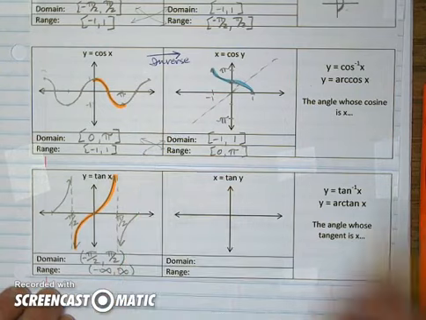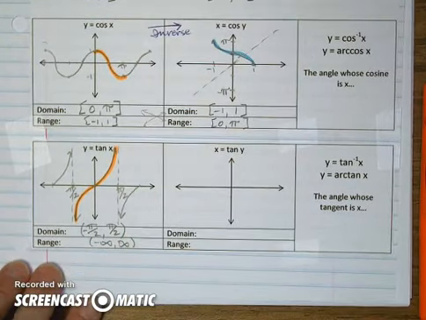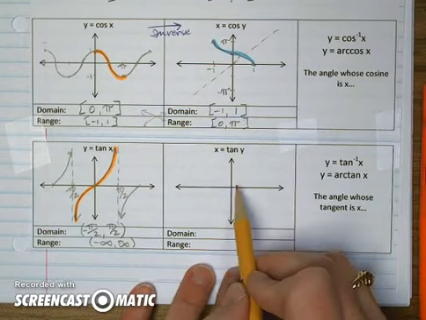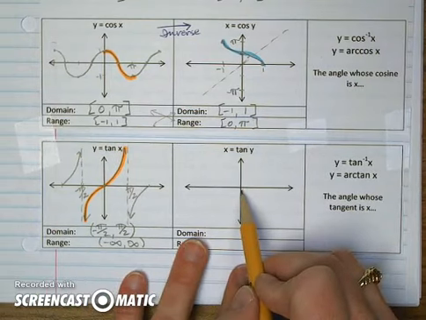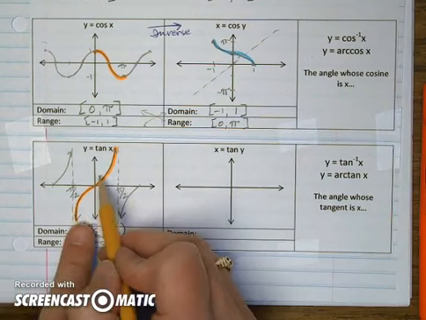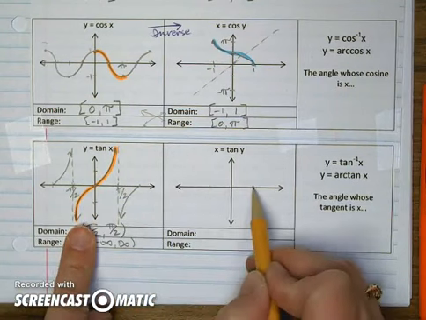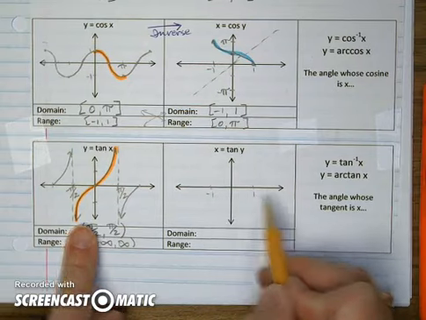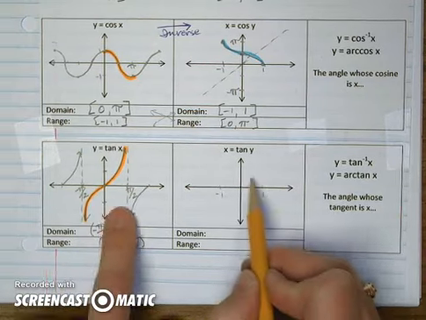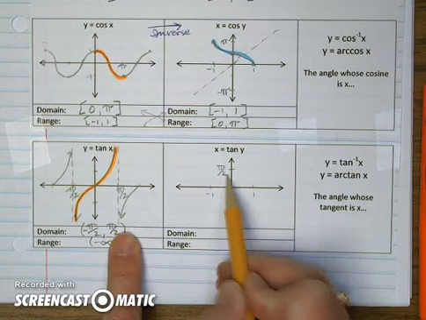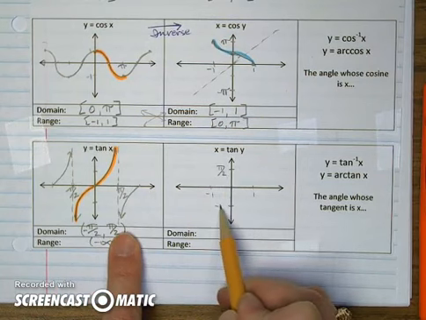Let's look at the inverse tangent graph. The inverse tangent graph is going to have asymptotes. This would be at 1, that would be at -1, so I'm going to still have my 1 and my -1. But here I have my radian values, pi over 2, -pi over 2.